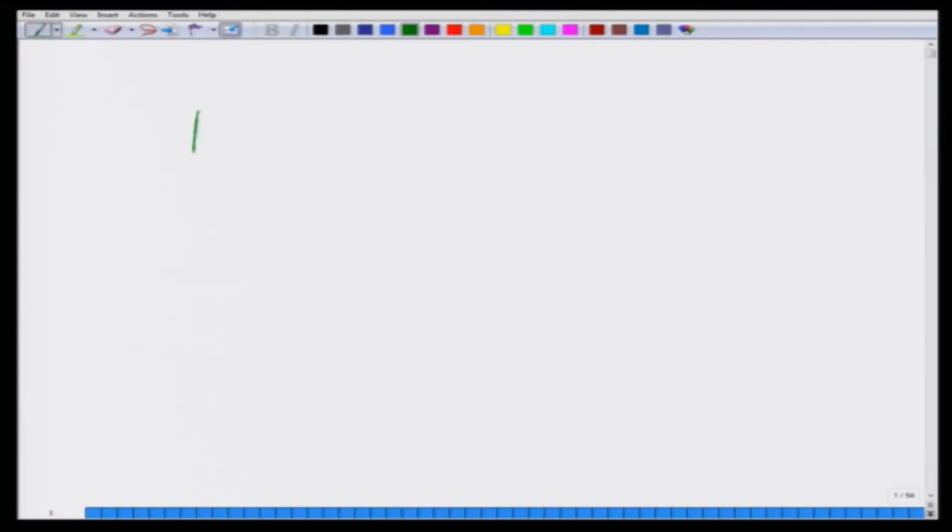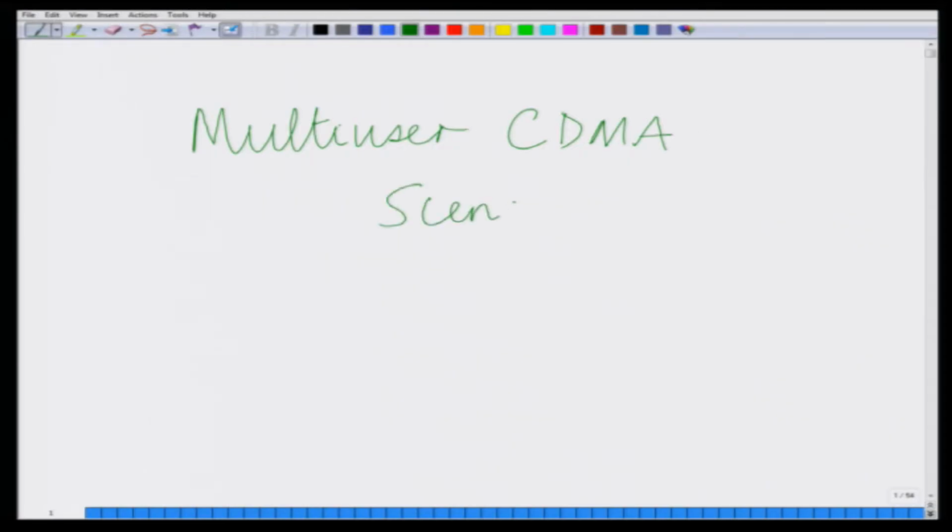So, let us look at a multi-user CDMA scenario. For a simple illustration of this, consider two CDMA users.